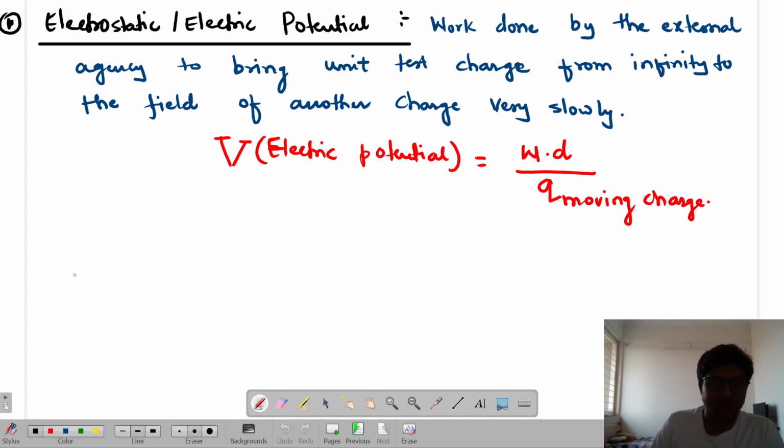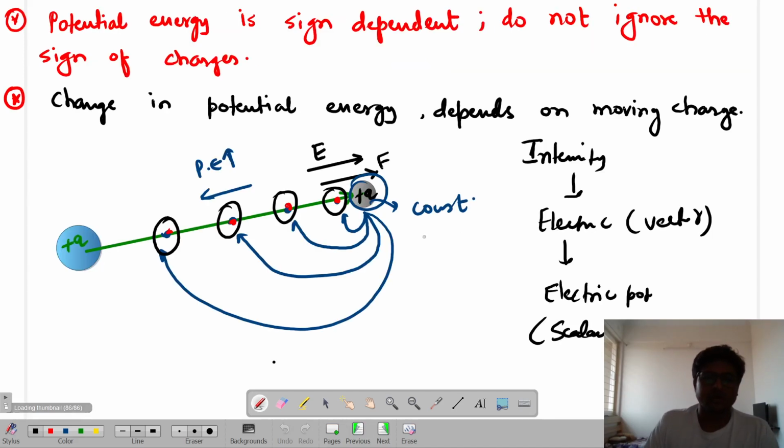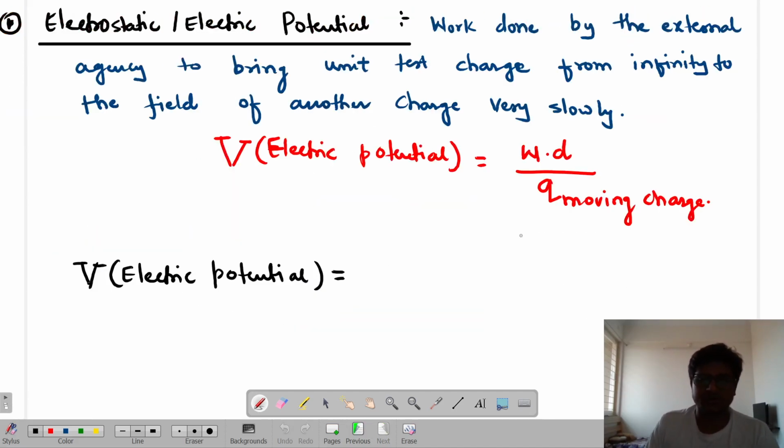But you know that the work done in an electric field is simply the change in potential energy. Our U initial is going to be 0 because the charge is brought from infinity. So it is just the interaction potential energy finally, U interaction divided by the charge which is moving.